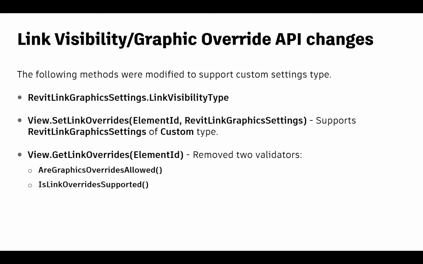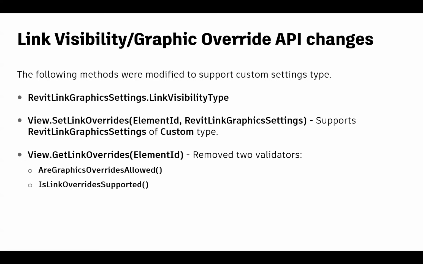There are changes in link visibility and graphic override API. The thing is, if you are familiar with how visibility and graphic override settings work for linked files, in the UI we always had three options.